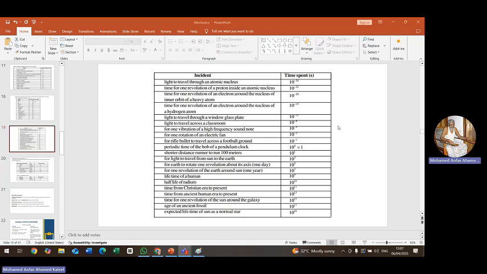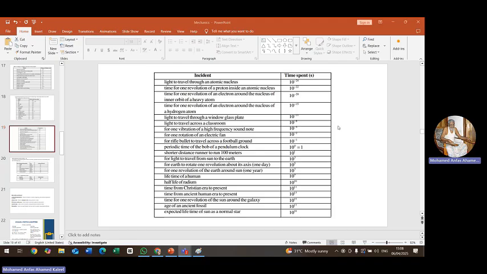Now, let's say light travels through an atomic nucleus. It takes 10 to the power minus 24 seconds.